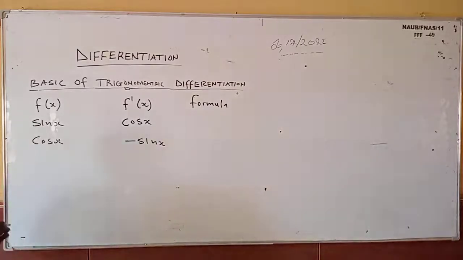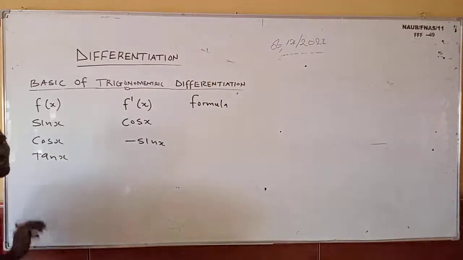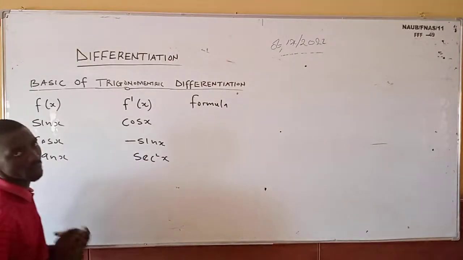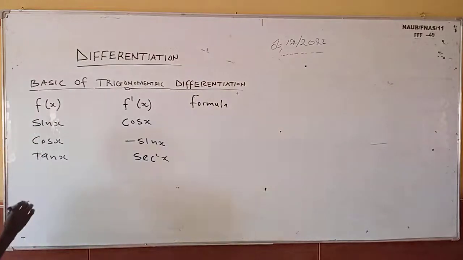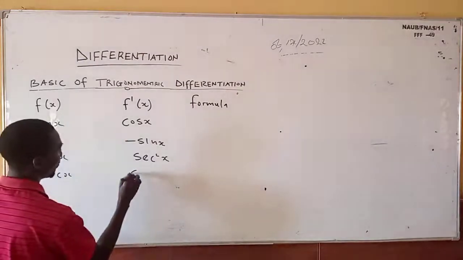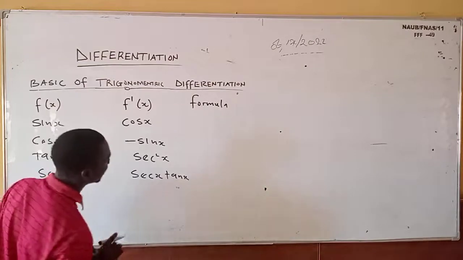The next one, if we differentiate tan s, we have sec square s. You get that? If we differentiate sec s, we have sec s tan s. You get that?